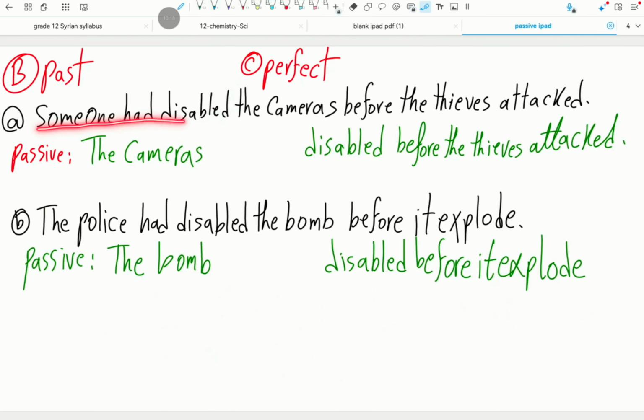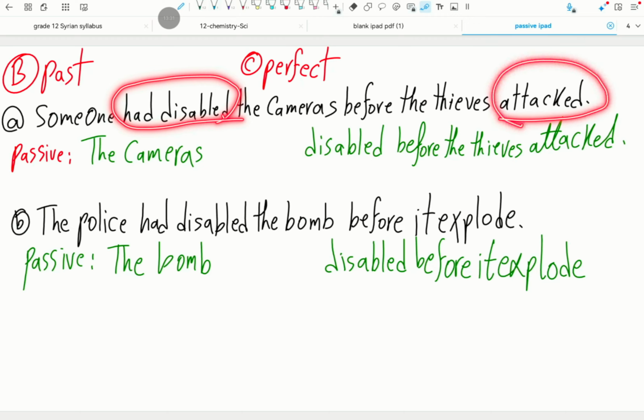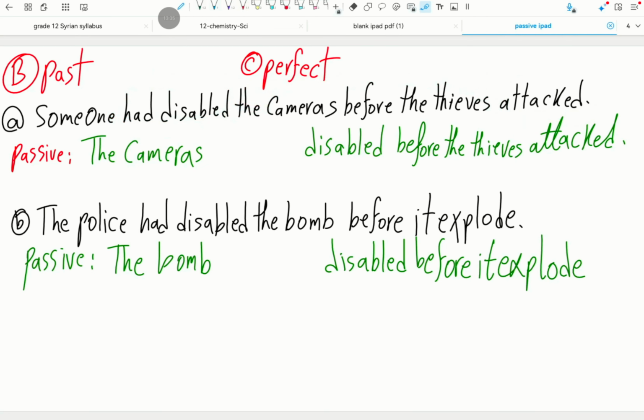Now, someone had disabled the cameras before the thieves attacked. And if you want to know why I used had disabled and I used attacked, there is Mr. Udayt's grammar course. I have explained in the previous classes the difference between past simple and past perfect, and this would be useful for you.